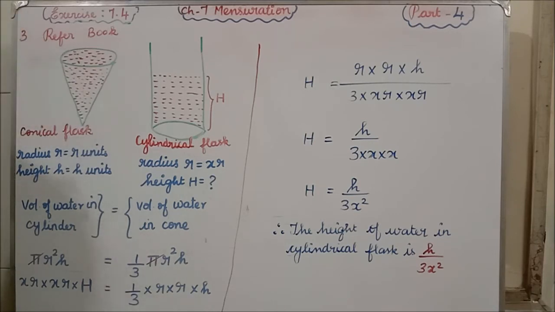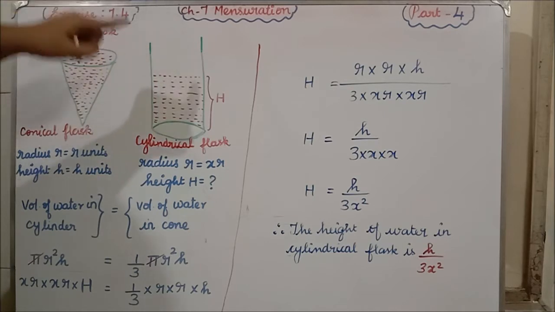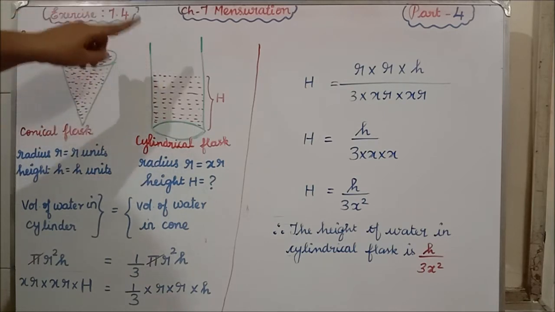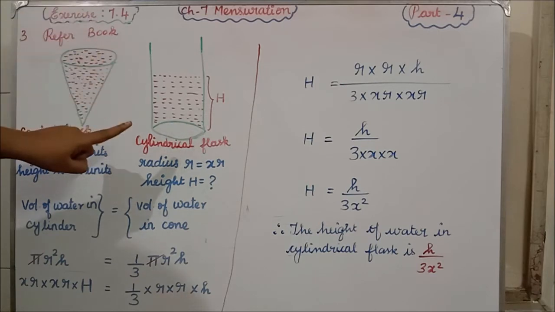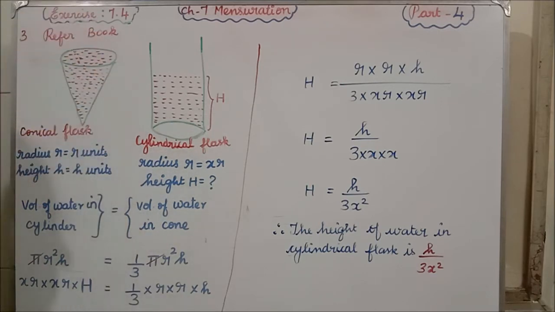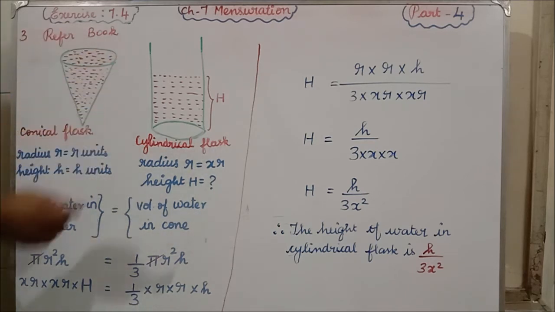The water in the conical flask is poured into a cylindrical flask of base radius xr. Okay, the cylindrical flask base radius is given as xr. Here, find the height of the water in the cylindrical flask.